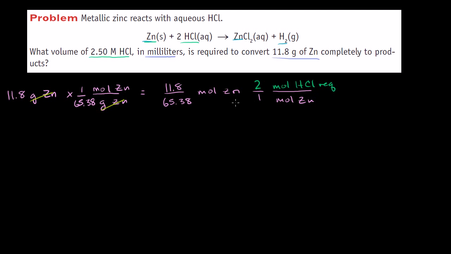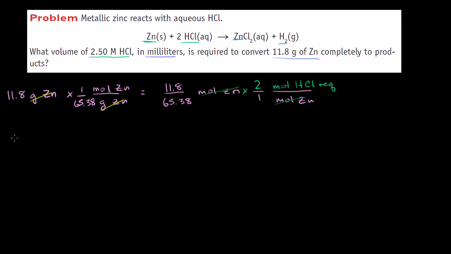And so then we can multiply the moles of zinc. The moles of zinc will cancel out with the moles of zinc. That's why I wrote 2 over 1 instead of 1 over 2. 2 moles of hydrochloric acid for every mole of zinc.